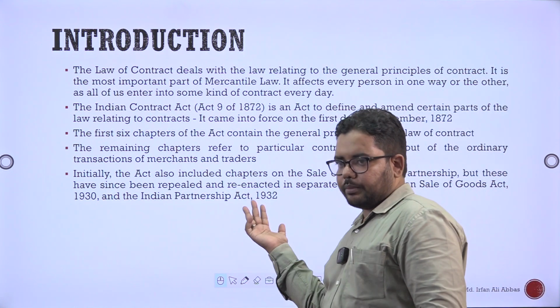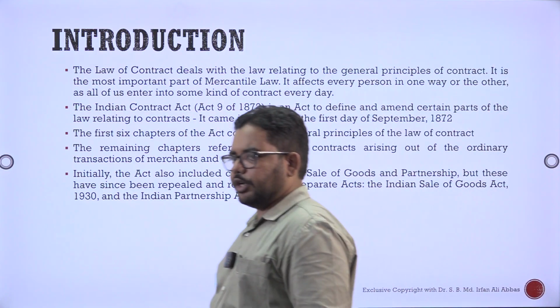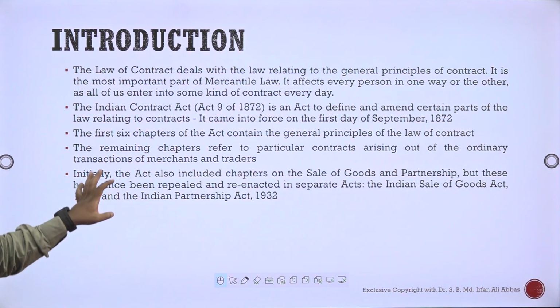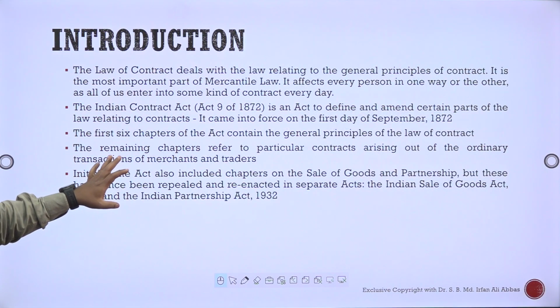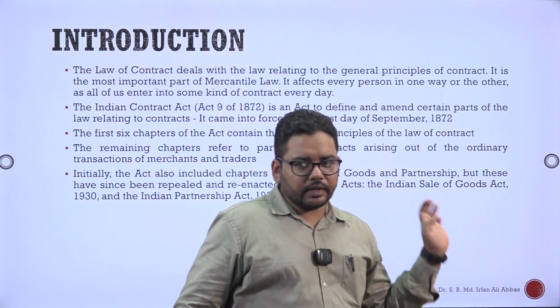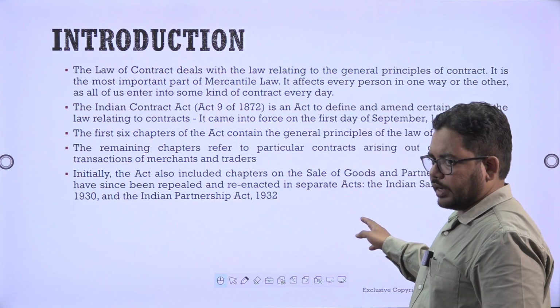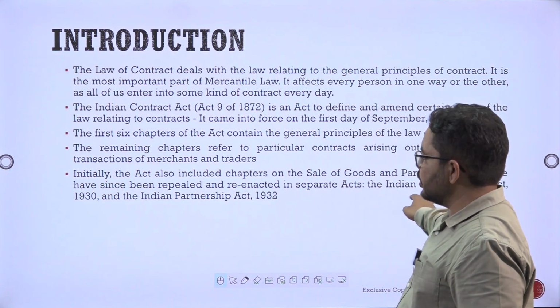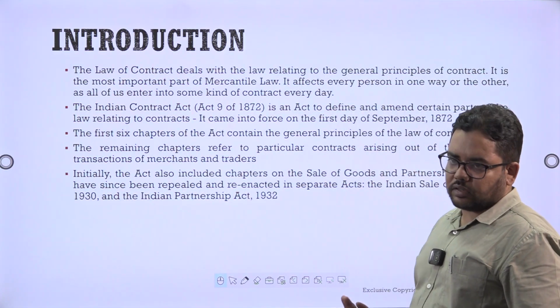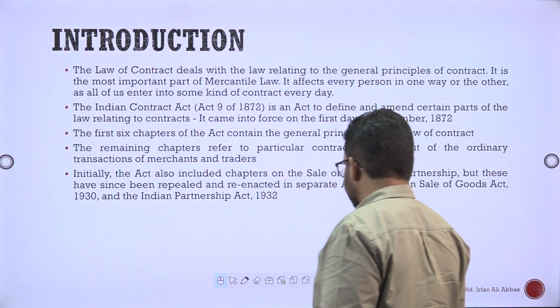The last chapter was on partnership, but subsequently in 1932 we have a separate enactment, the Indian Partnership Act. So it is essential that we focus on the general principles of contract first, and then we will go to special contracts. We will not be going into the provisions of the Indian Sale of Goods Act and Indian Partnership Act as of now.